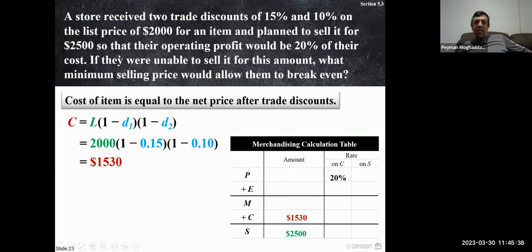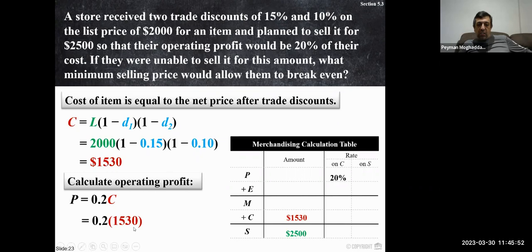Now we want to say how much they should sell it for so that they don't get any profit. So what we have to do is find 20% of the cost and deduct it from that 2500, right? 20% of the cost is basically 0.2 of the cost, 306. Then you deduct it from 2500 so that you don't have any profit, right? If they sell it for 2500, the profit is going to be this.